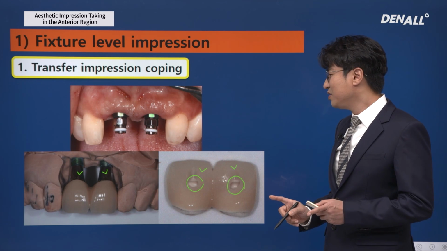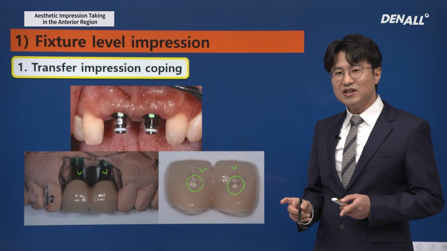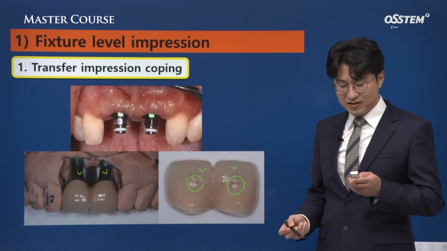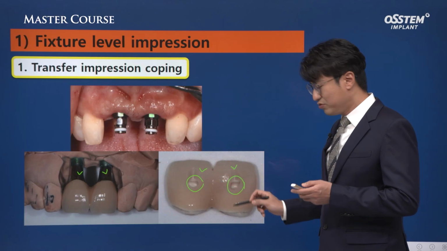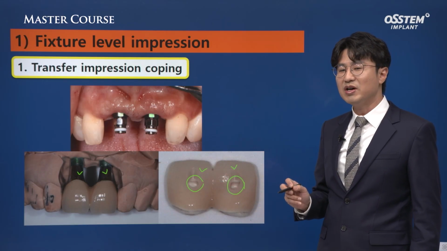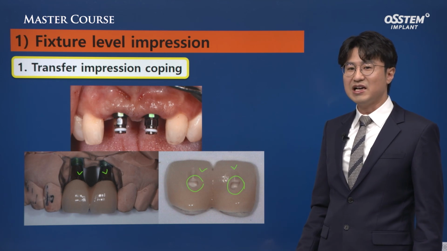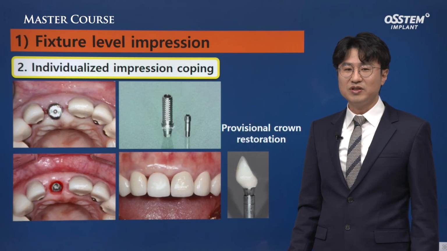If you can adjust the volume properly, it can be done, but after cementation, we find residual cement from time to time. Therefore, also in multiple cases, palatal screw hole positioning is very important. For a subgingival margin case, extraoral cement removal makes a difference in the outcome.